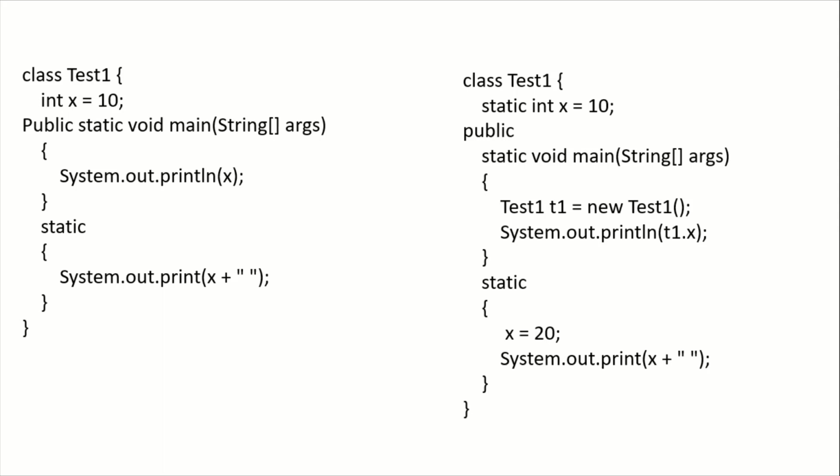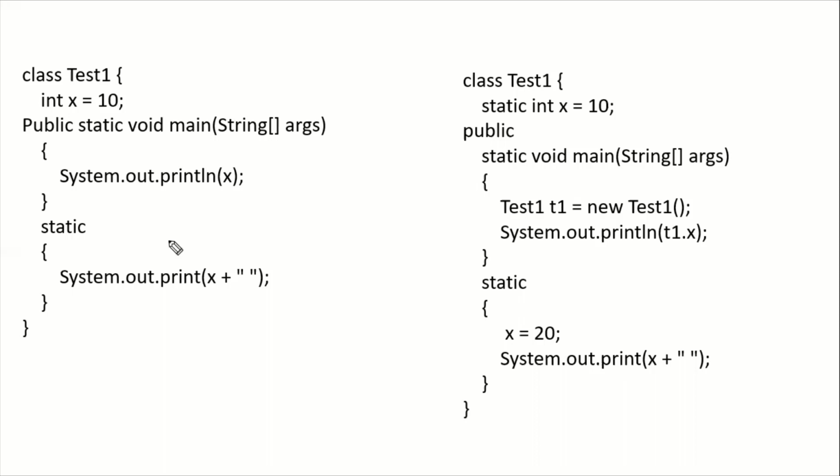If I want to access them from the static context, we have to create an object. How do we create an object? Test1, that is the class name, followed by the object name, equal to new, followed by the constructor, Test1. So instead of calling it X, we have to call it ob.x. Even in this block, we have to create an object.